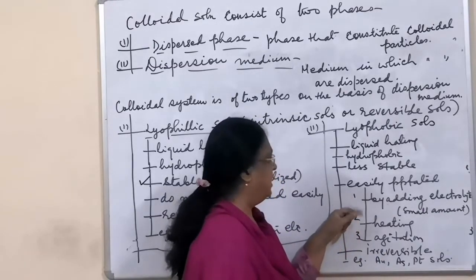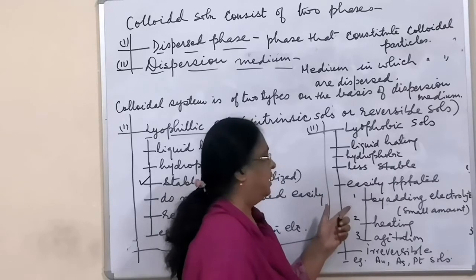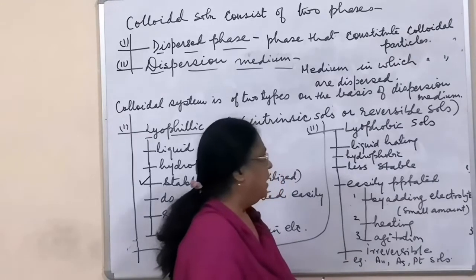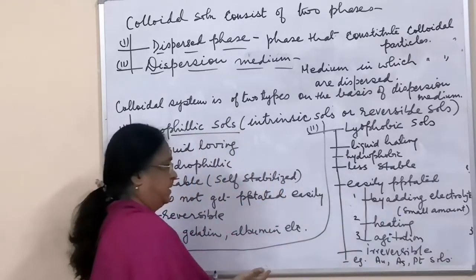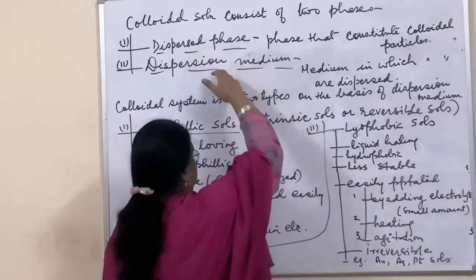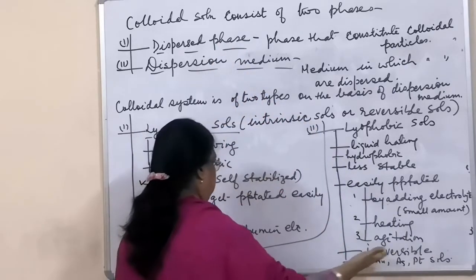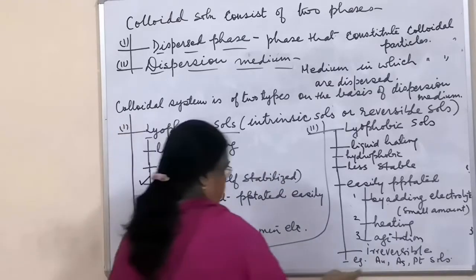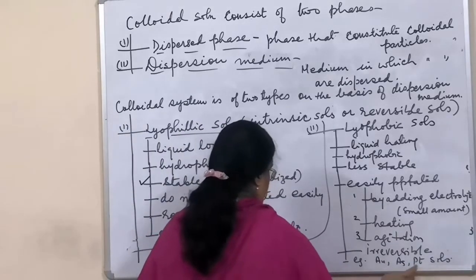It will easily give back precipitate, its colloidal phase will be lost, and you cannot get back the dispersed phase from the dispersion medium. So it is irreversible, the process cannot be reversed. Examples are gold sol, silver sol, and platinum sol.